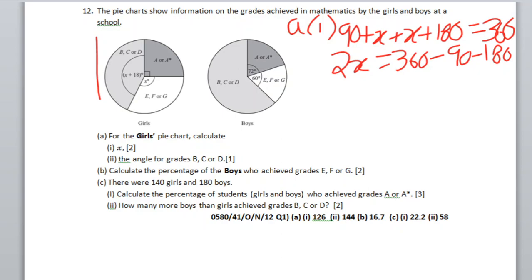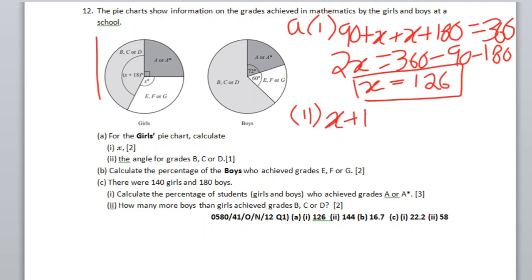Subtract 180 and 90 from 360 and divide the result by 2, and we should get 126. So the value of x is 126. Part 2. The angle for grades B, C or D. That angle is x plus 18, which means 126 plus 18, which gives us 144.